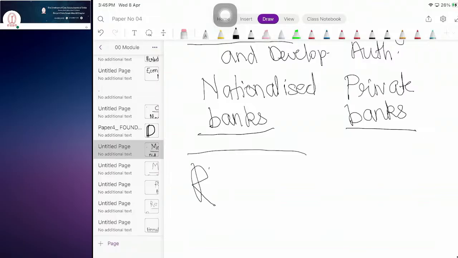Okay, too obvious for me to ask, but still let me tell. Write quickly. What is RBI? Not such an obvious question, but try to also find the year of setting up of RBI.